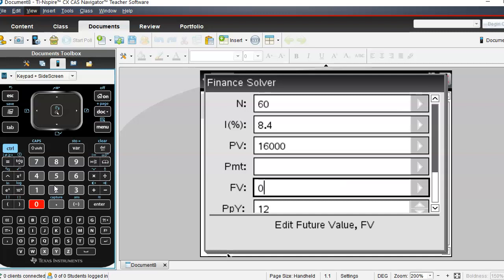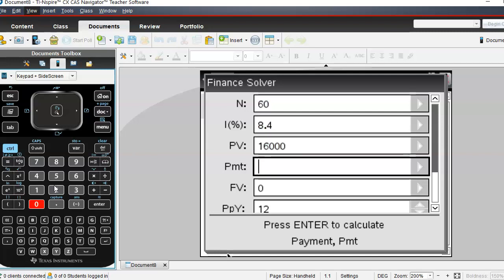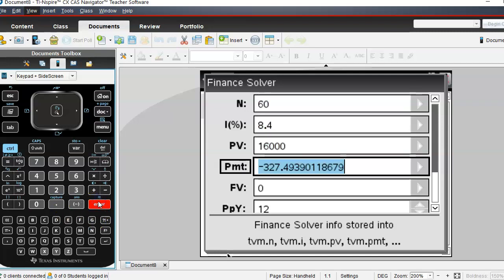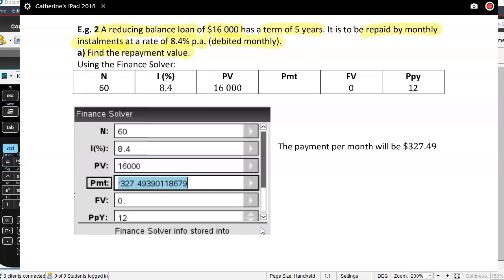I want to owe nothing at the end, and there's still 12. Tab, and so I'll hit enter here. And you can see each month we are going to have to pay $327.49 in order to pay off that loan in 5 years.